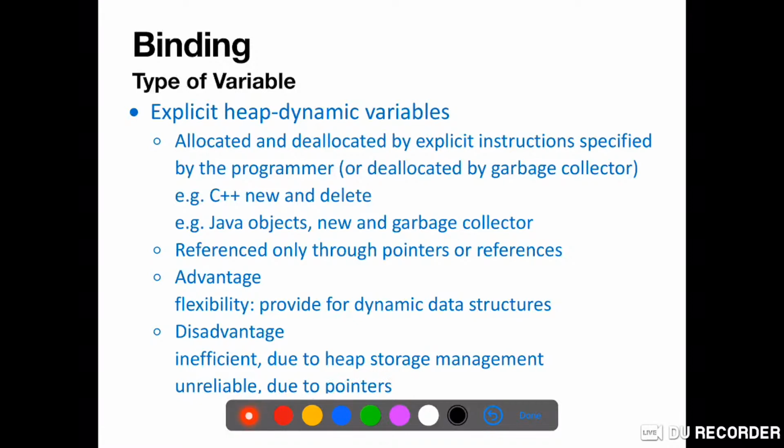What does this mean? If we have a linked list, let's say we have a node, and inside the node there is a variable called previous, and previous points to another node that's allocated dynamically in another memory space.